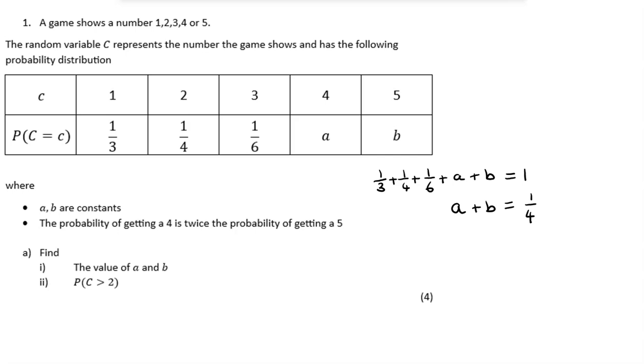So what I'm going to need to do is use this second bullet point, that the probability of getting a 4 is twice the probability of getting a 5. When you get questions like this and you get these bullet points, this isn't the examiner trying to catch you out or anything. It is going to be something that is useful to the question. So let's make use of this second bullet point. The probability of getting a 4 is twice the probability of getting a 5.